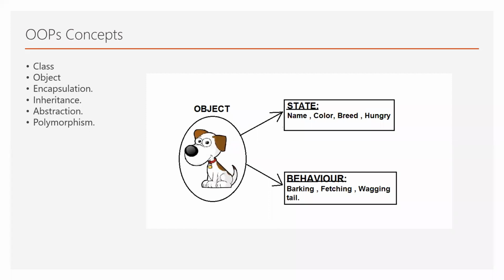Prior to object oriented programming, we had process oriented programming, right? As applications grew, a lot of complexity came into process oriented programming.